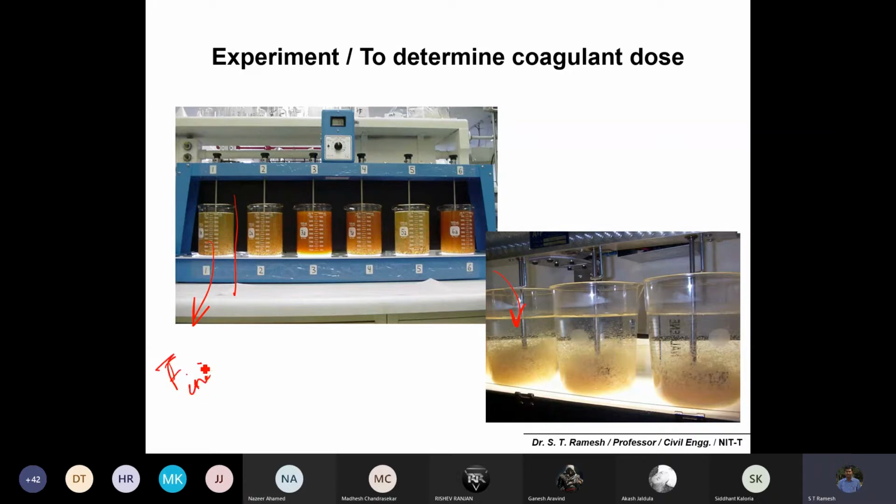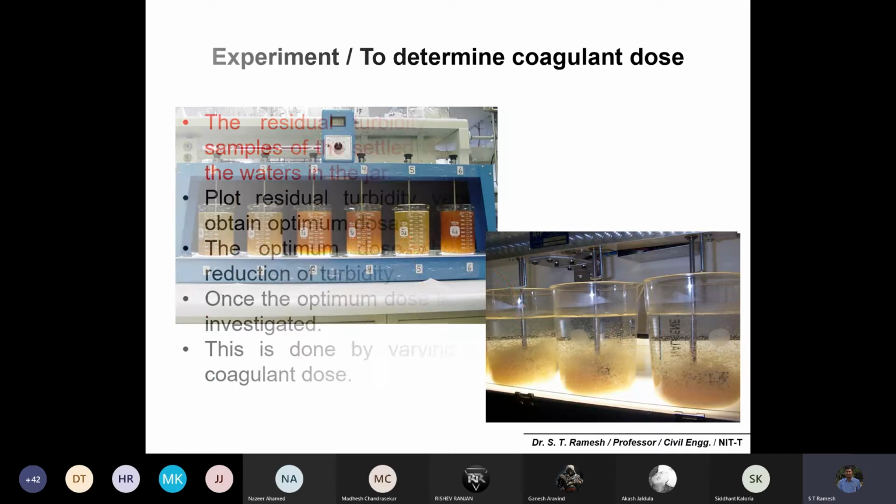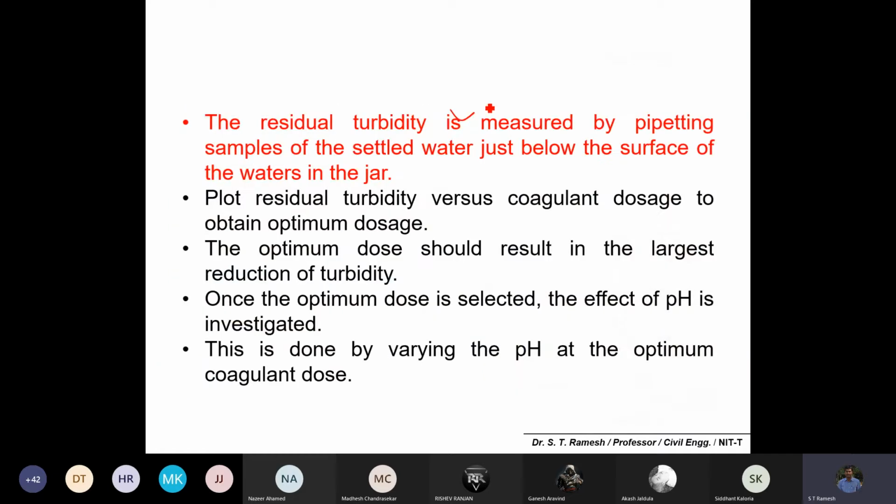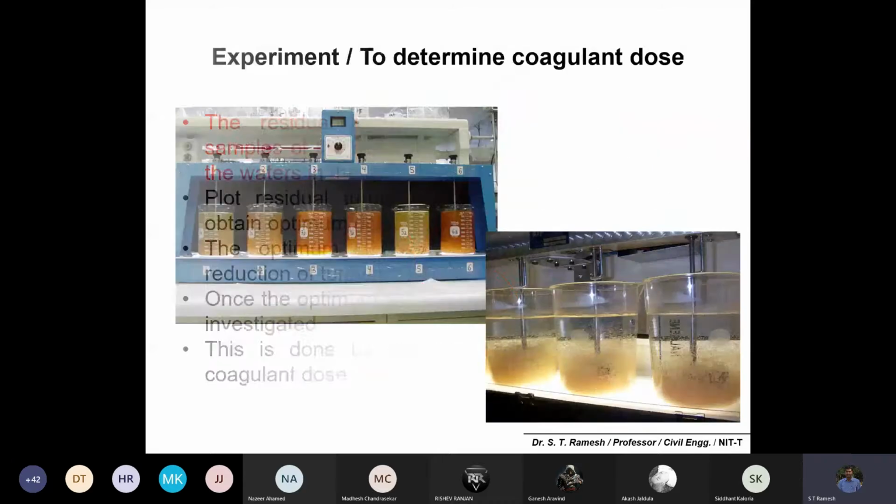At the end of settling, you take a sample from each beaker and measure the turbidity remaining. You can calculate the percentage of turbidity removed as initial minus final, or initial minus remaining.